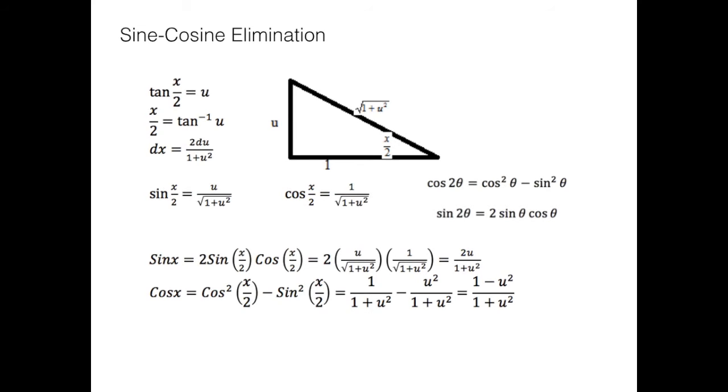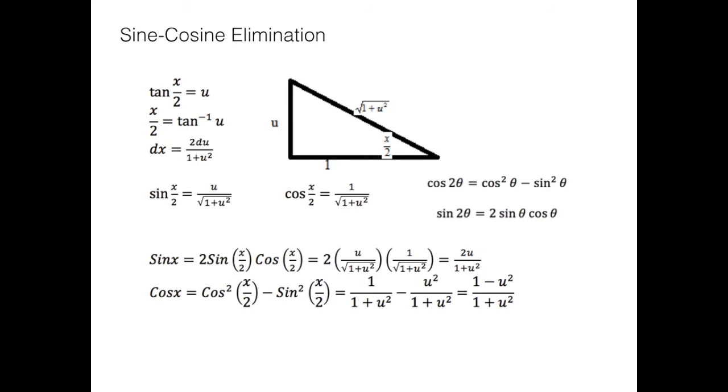Now, the other thing we can do with this triangle is find sine and cosine, right? So we can see from the triangle on the slide here that sine of the angle x over 2 is equal to u over root 1 plus u squared, and cosine of x over 2 is equal to 1 over root 1 plus u squared.